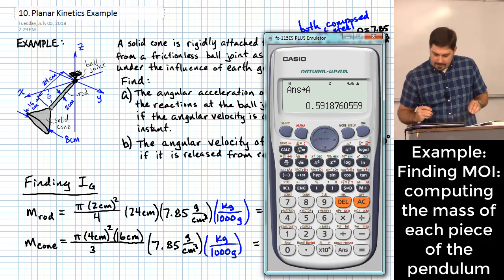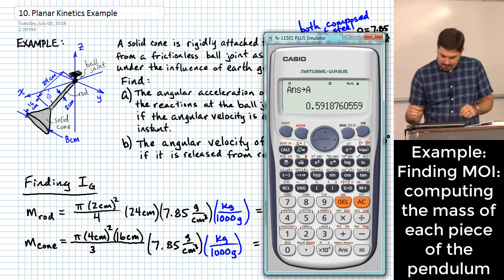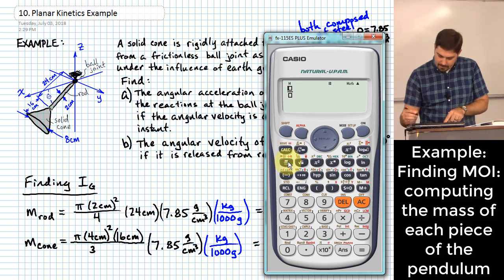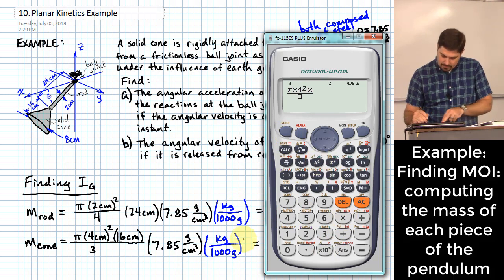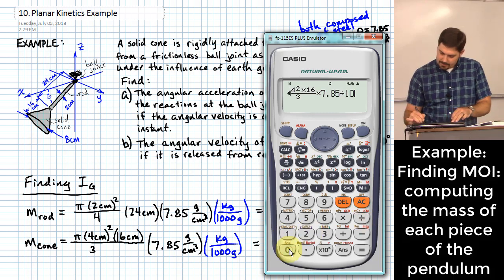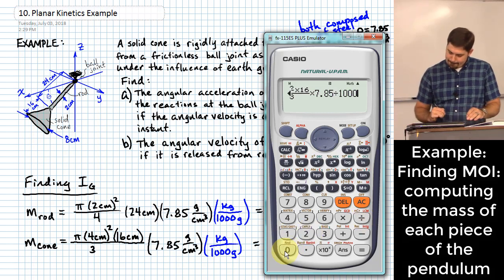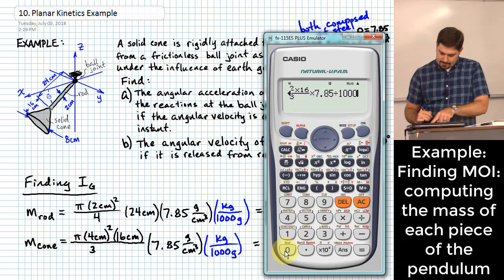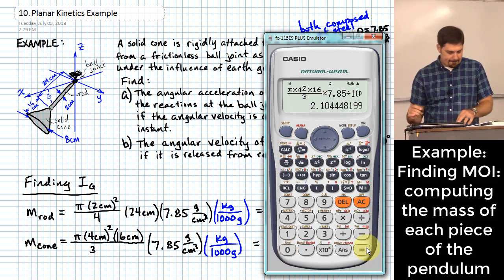And now I can take this into my calculator and we'll put in pi times 4 squared times 16 over 3 times 7.85 divided by 1,000. Okay.